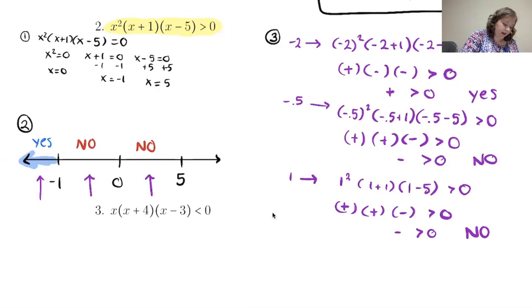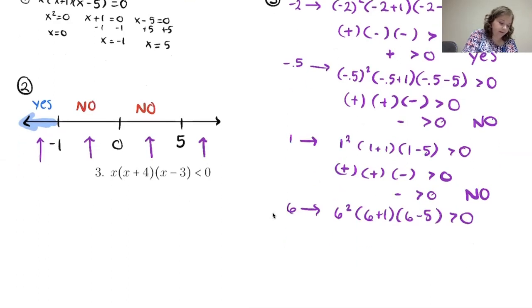Okay, and then the last one, we will pick something from this last interval, so something greater than 5. I'll just pick 6. Okay, so 6 squared, 6 plus 1, 6 minus 5 is greater than 0. 6 squared is positive, 6 plus 1 is positive, 6 minus 5 is positive.